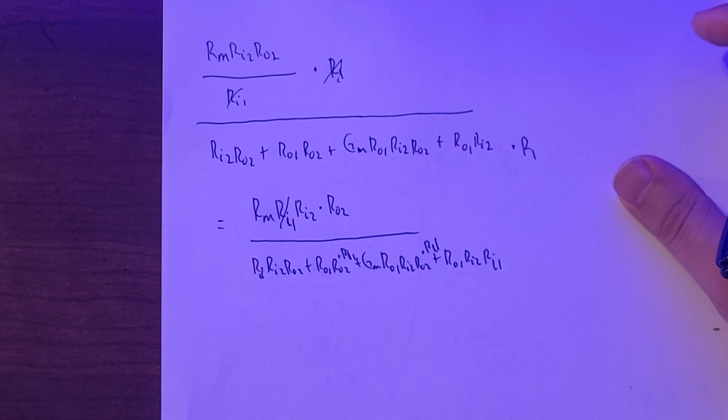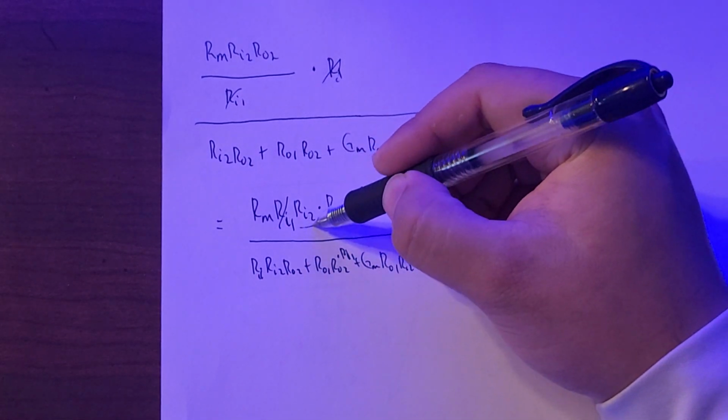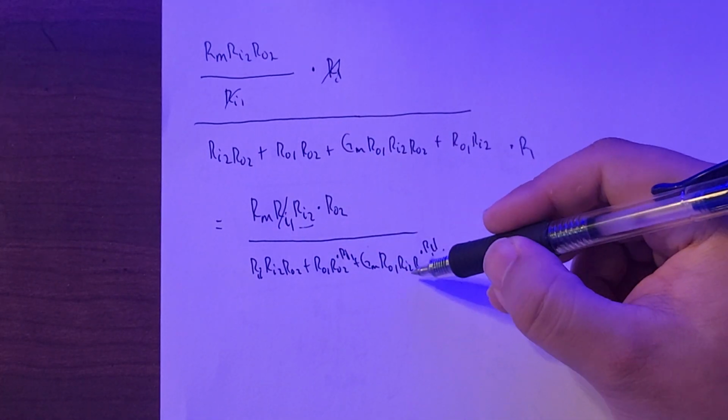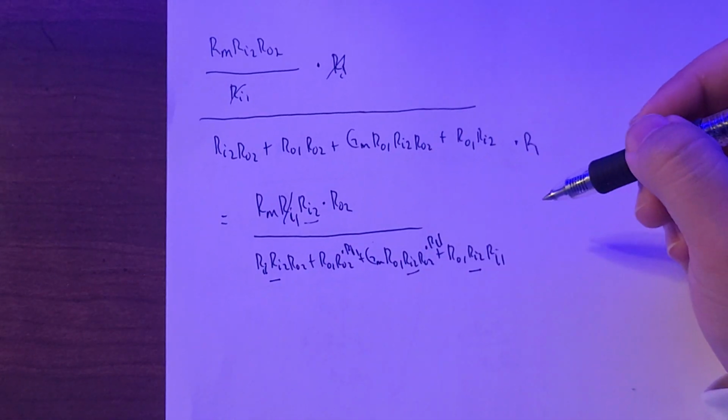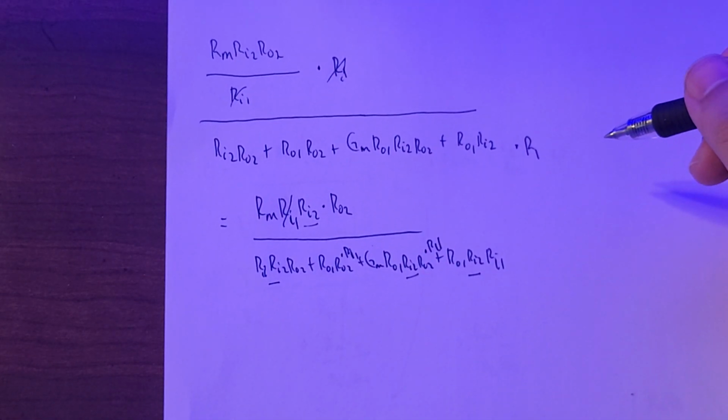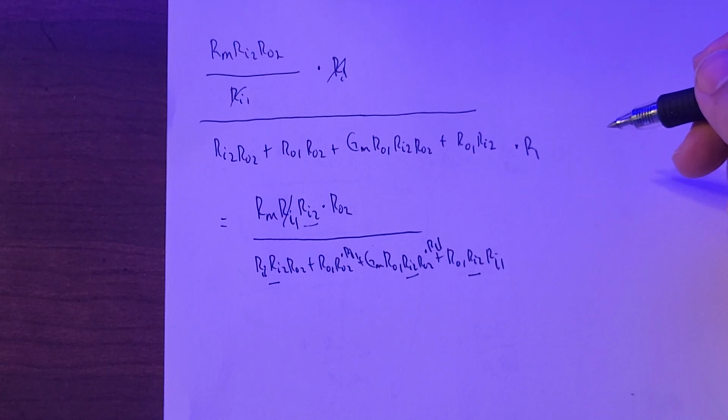Which, I mean, fair. But we have Ri2 here, and we have Ri2 here, and here, and here. Well, we have it on top and bottom, so I mean, there's no real problem. It's just when you're plugging it in. Okay, that should be fine.